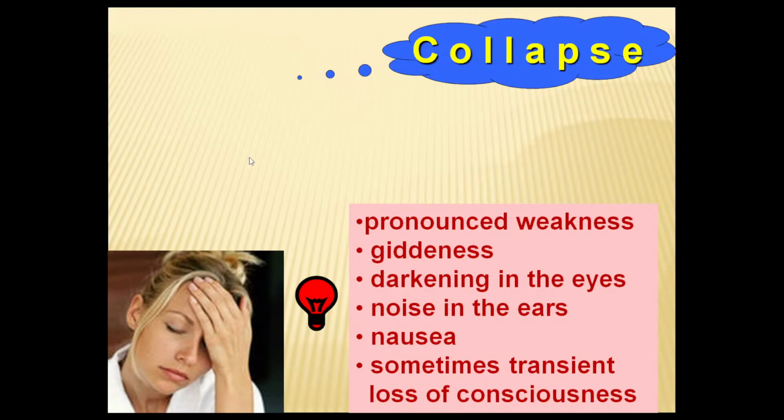He stands, and sometimes he finds himself on the ground floor because he fell. Collapse has some time of development. The patient feels pronounced weakness, giddiness, some darkness in the eyes, noise in the ear. Some patients can feel nausea.